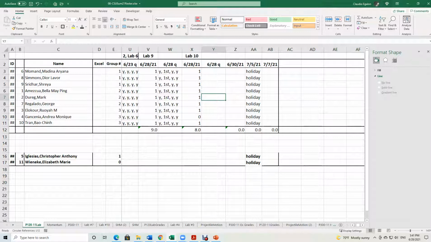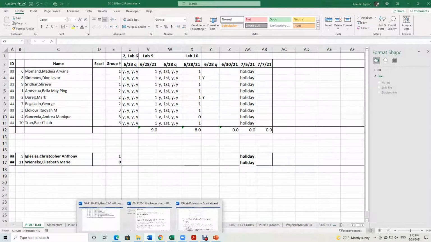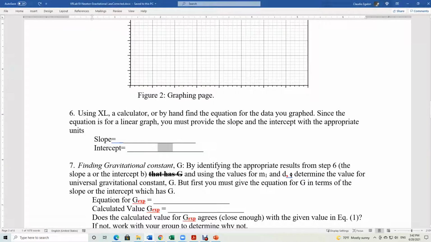Is Mark there? Hi, Mark. Yes, I'm here. Did you plot your graph? Yes. Okay, so let me get someone else. Dior, did you plot your graph? Yes, first graph.